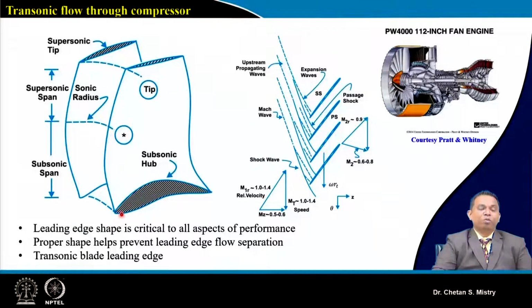Okay, now if we consider the same kind of aerofoil near the tip region, because of the presence of supersonic flow, it may be possible that it will give different flow characteristics. We will be discussing that part.